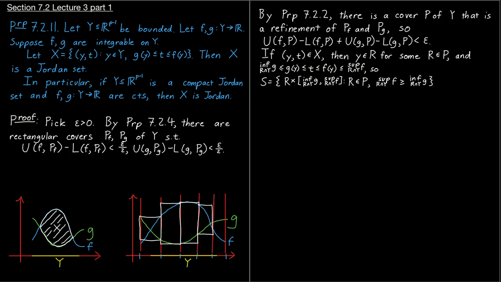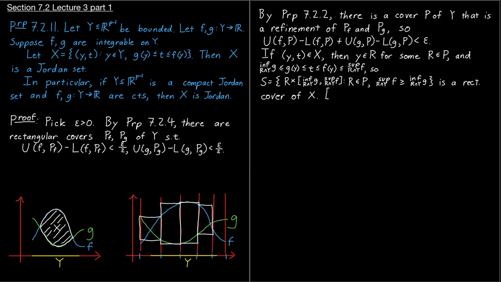What do I want to say about S? I want to say that it is a rectangular cover of our set X. And we've just seen that every point in X is in one of these rectangles.